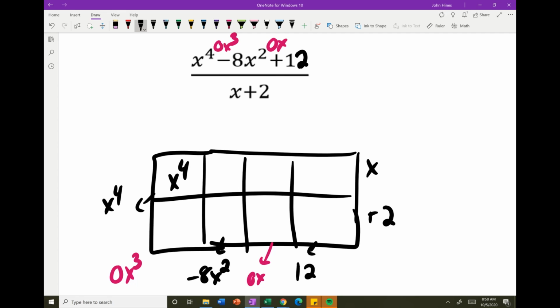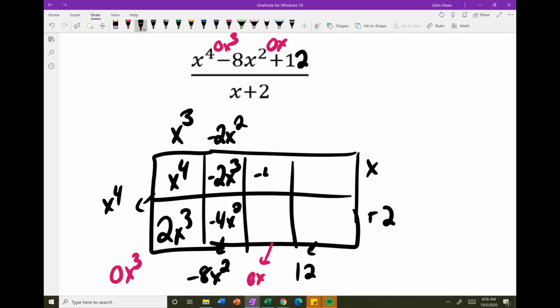All right, here we go. X to the 4th gives me x to the 3rd. 2x to the 3rd when I multiply down, but I need 0, so I need negative 2 of them. So negative 2x squared gives me negative 4x squared here, but I need negative 8, so I'll go more negative. Negative 4, negative 4 make negative 8.